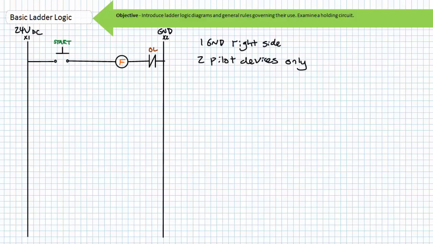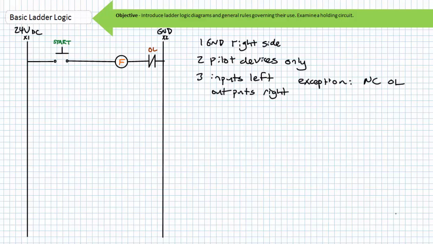Ladder logic diagrams illustrate the connection of pilot devices only. Input devices like switches are ordinarily drawn on the left side of a rung. The one exception to this rule is the normally closed overload contacts, which are a form of input placed on the extreme right. Output devices like coils are electrical loads.